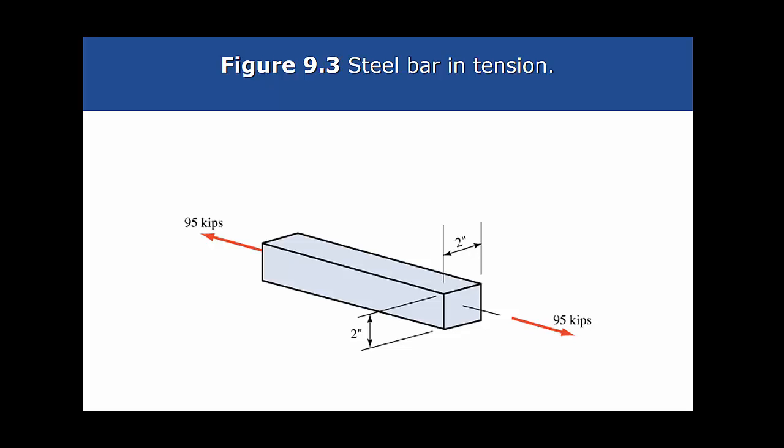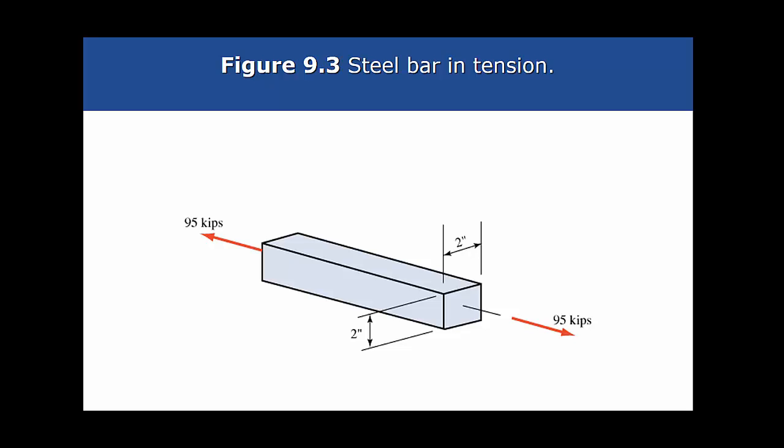The bar is subjected to an axial tensile load of 95 kips. And then B, determine the tensile stress, that's what the subscript T is, if the member is a structural steel W8 by 31 beam. Load being the same.